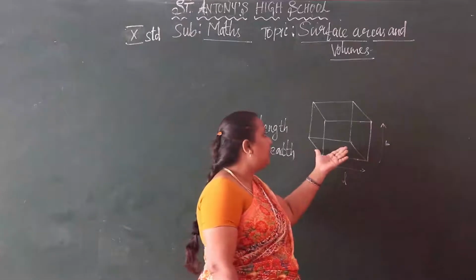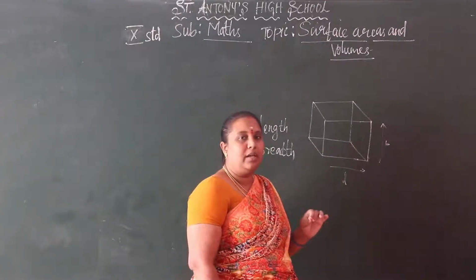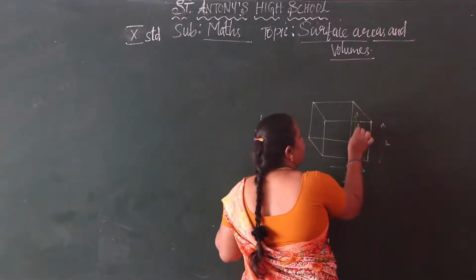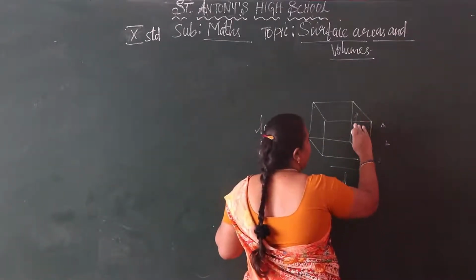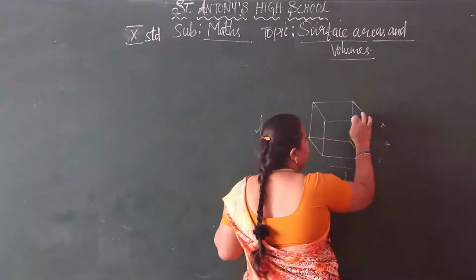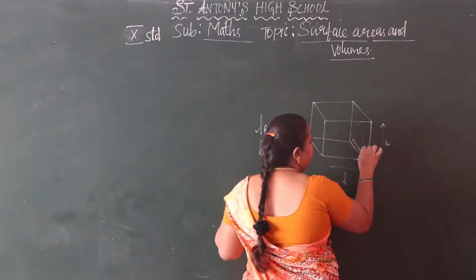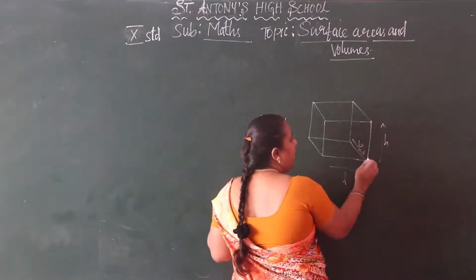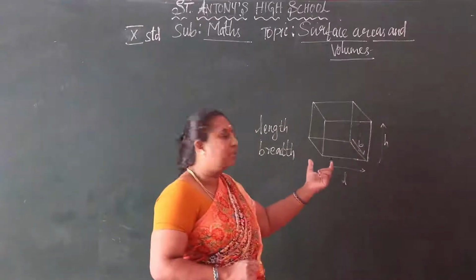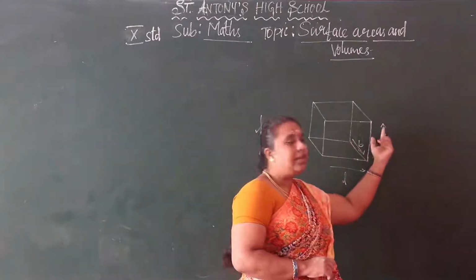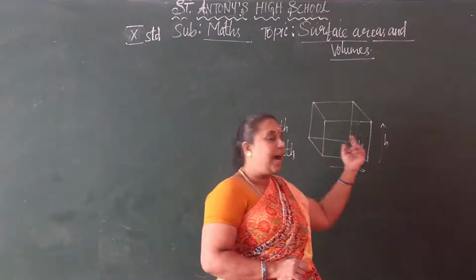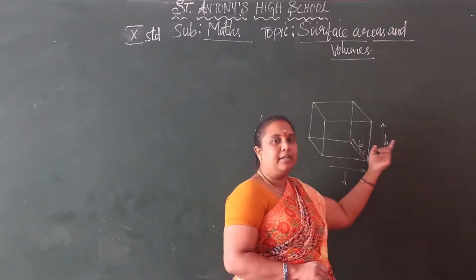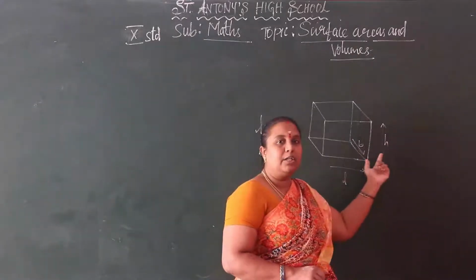In this cuboid, this is breadth and this is height, and here we have the length. So length into breadth into height.